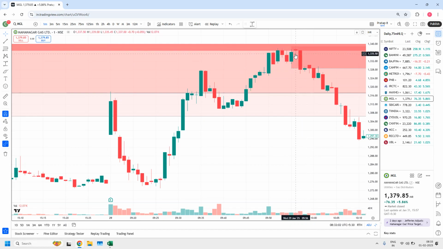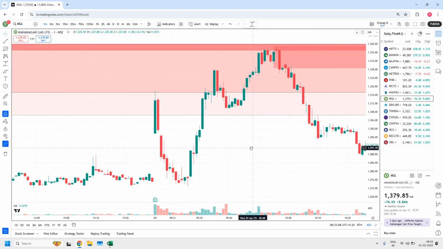By seeing this, we got the confirmation. This could be a high liquidity zone, and new order flow was again added here. So definitely next time at least once we will plan our trade.